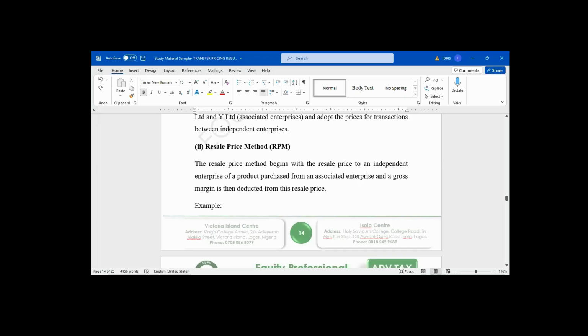If A wants to sell goods to another person that is not related to him, how much will A charge? That is the resale price method. How much is A selling the good for in the market? In the market, how much is A selling the good to external parties? That is the resale price method.